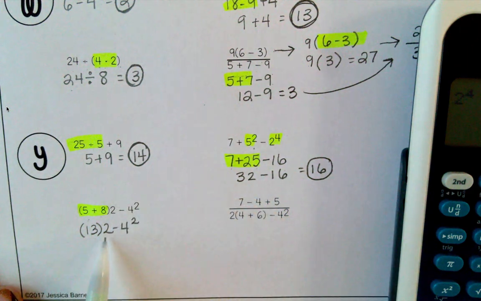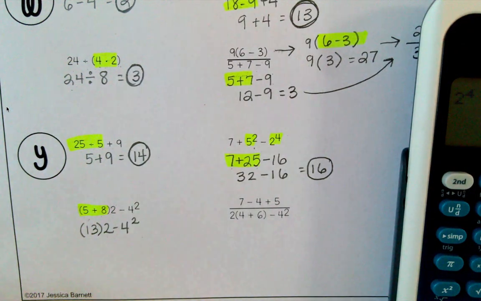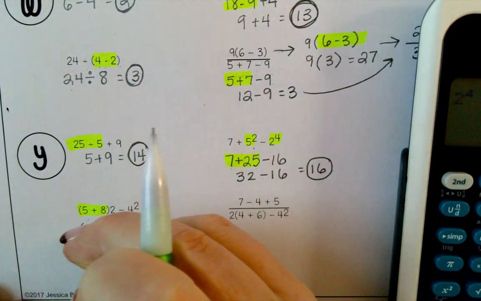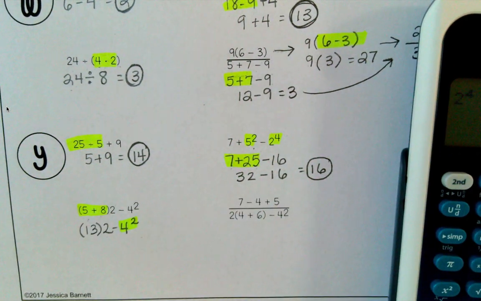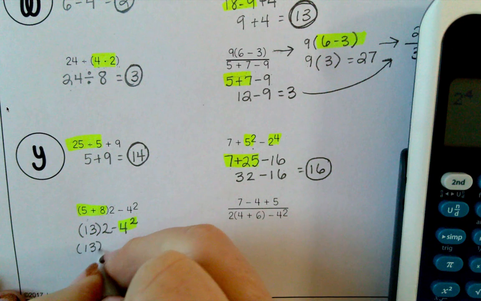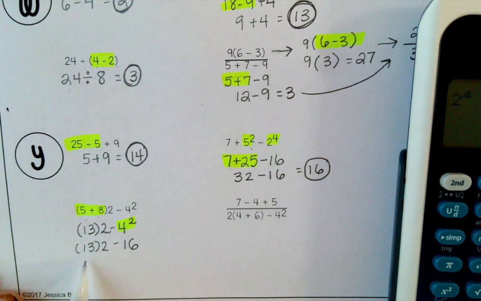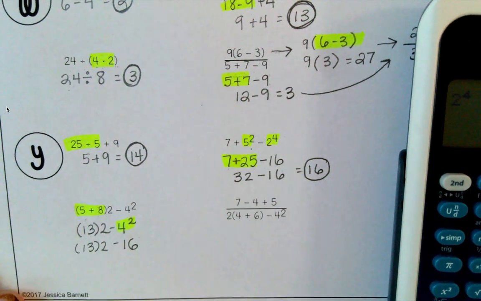Now I have multiplication, subtraction, and exponents. So if I'm going back through my steps, I see that I must do exponents next. So 4 to the power of 2 is the same thing as 4 times 4, so minus 16. Now I have multiplication right here and subtraction.